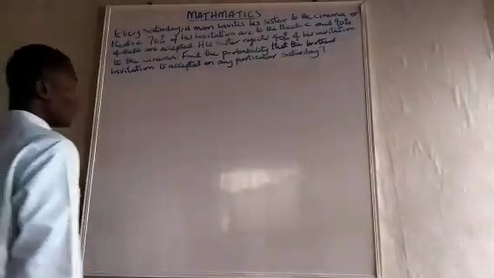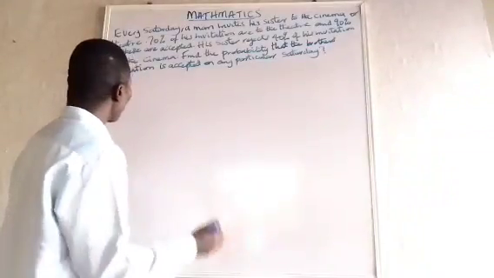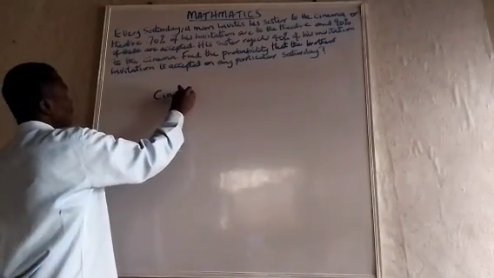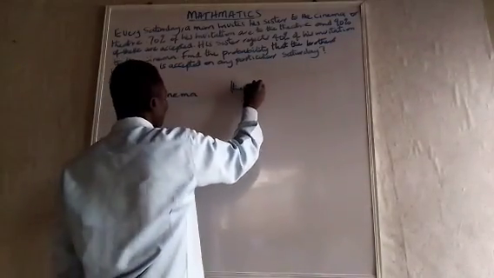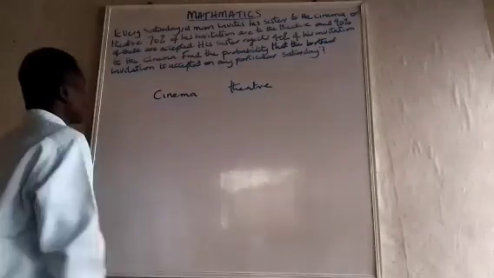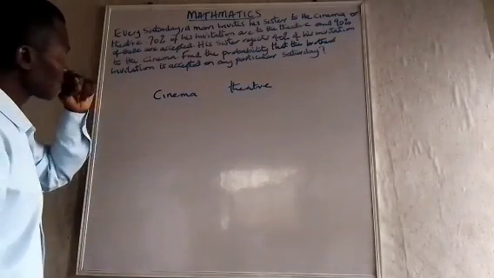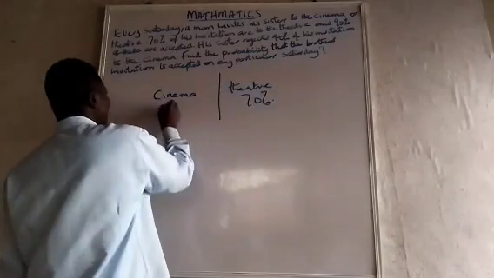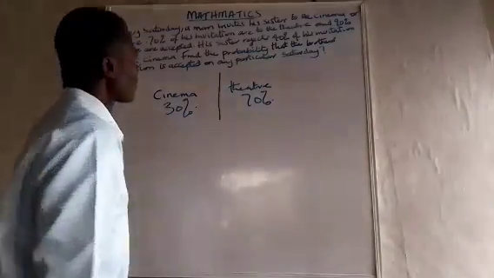So from this, we know that there are 2 places the brother invites the sister: cinema or theater. So let's look at it: cinema, theater. 70% of his invitations are to the theater. So we have it like this: 70% comes in, which means that 30% is for this place.